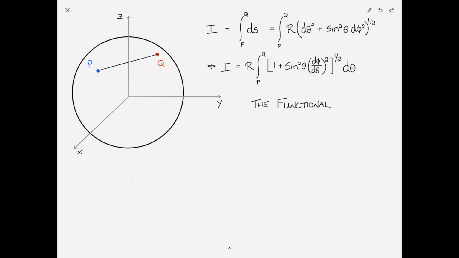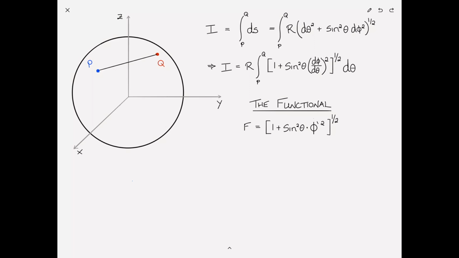Now we're able to identify our functional. Our functional f is just the integrand. It's 1 plus sine squared theta times phi prime squared all to the 1/2. Where for shorthand, I've just rewritten this as phi prime squared. Note that what we've done in dividing through by d theta is we have in effect made theta the independent variable and phi the dependent variable.